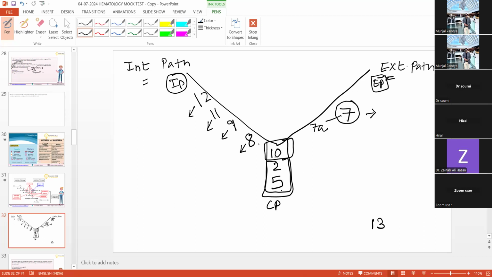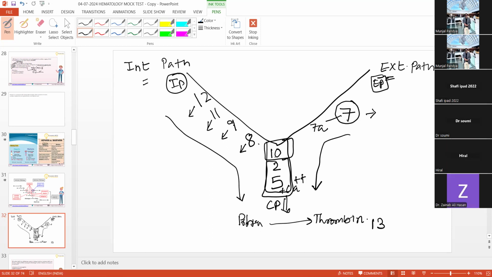So 2, 5, 10 along with calcium come in the clotting cascade. Even if you are coming from this pathway or that pathway, you come to the common pathway. So when you come to the common pathway, factor 2, prothrombin, converts into thrombin, and this thrombin causes fibrinogen to convert to a fibrin clot.